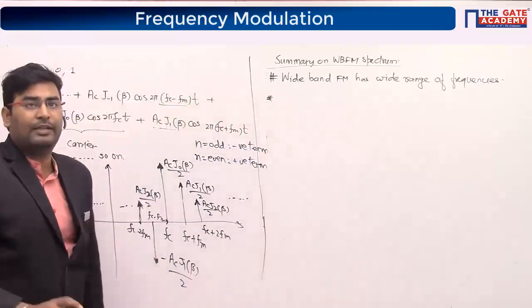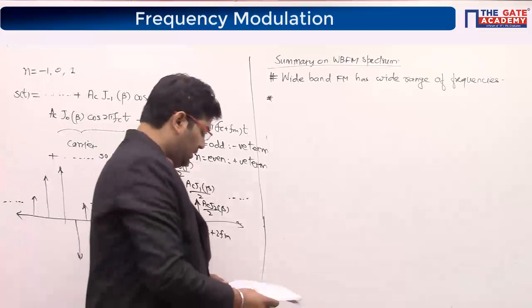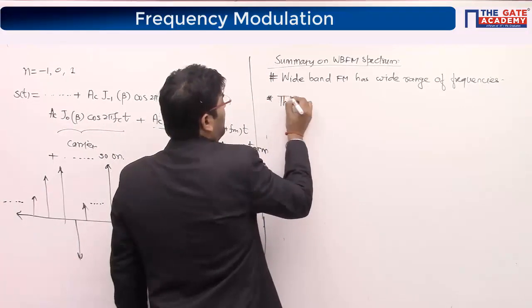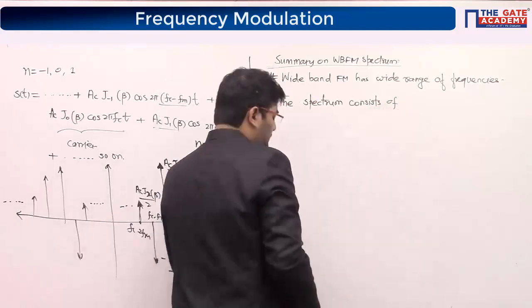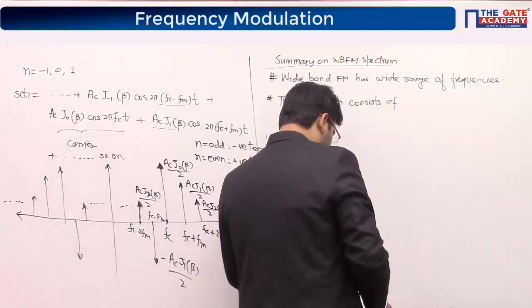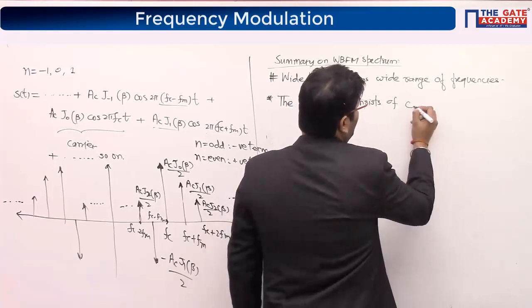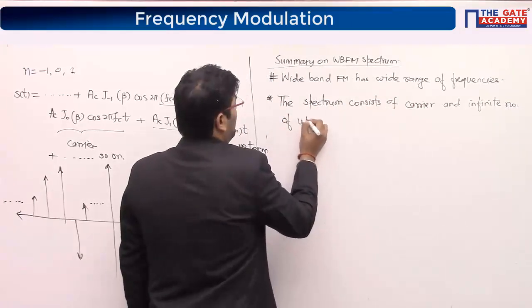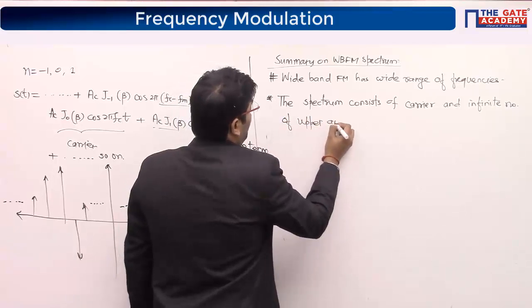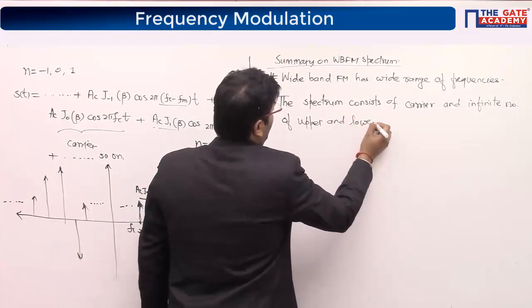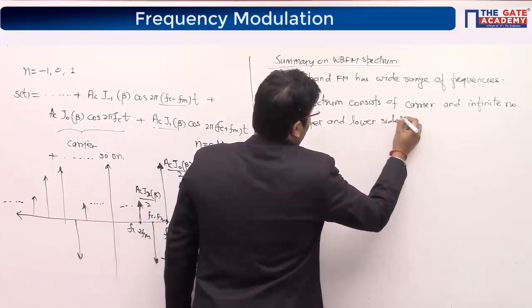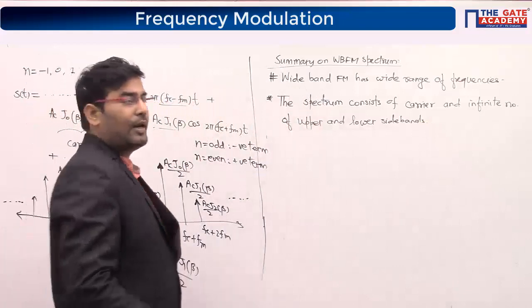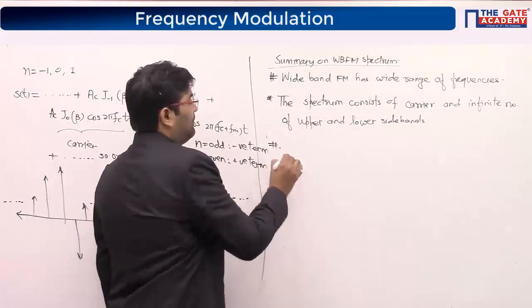Please note everything down, it's very helpful. The spectrum consists of carrier and infinite number of upper and lower sidebands.